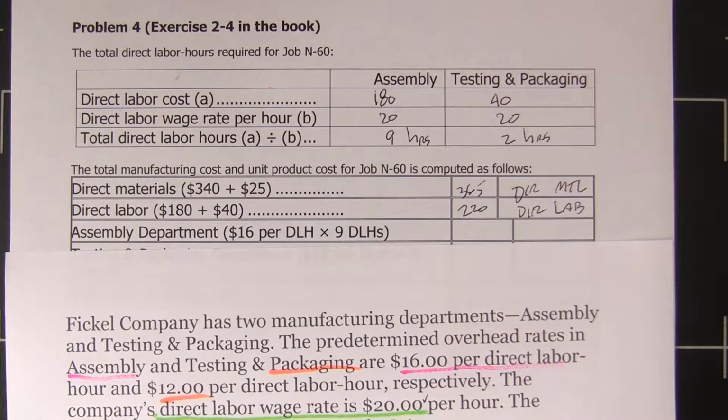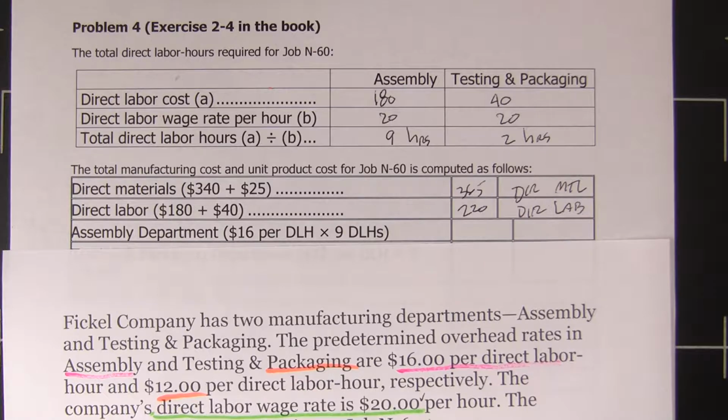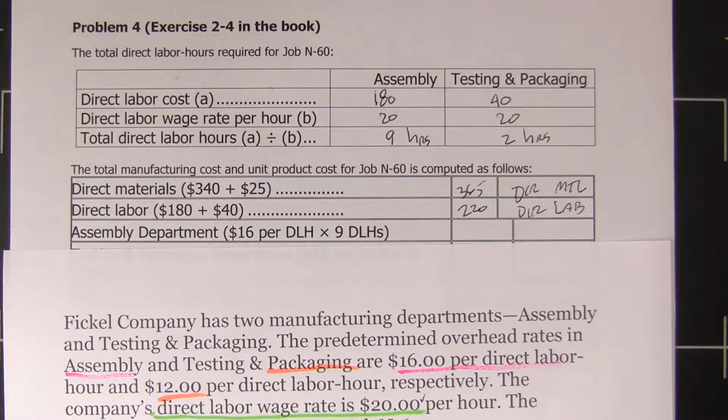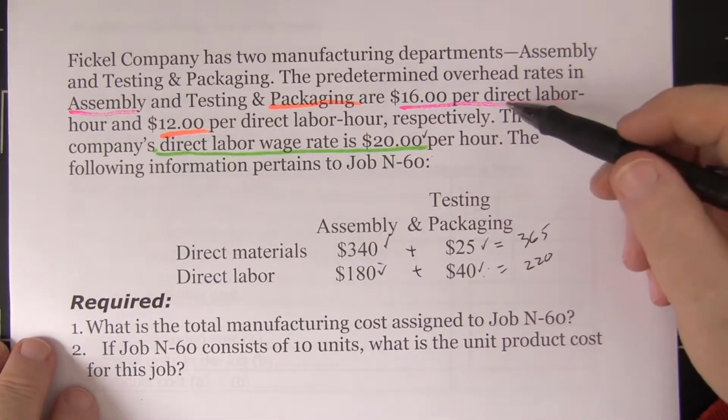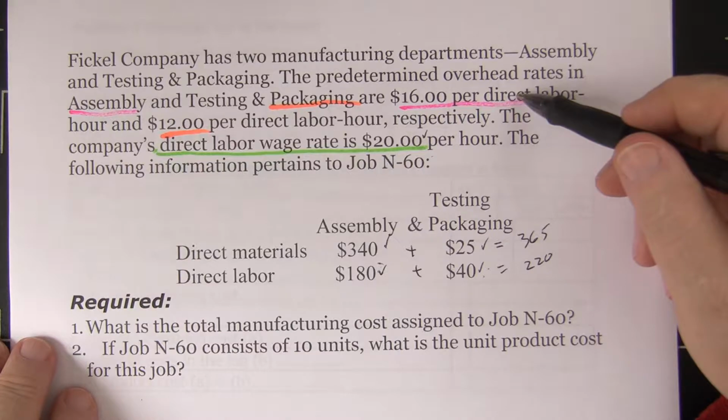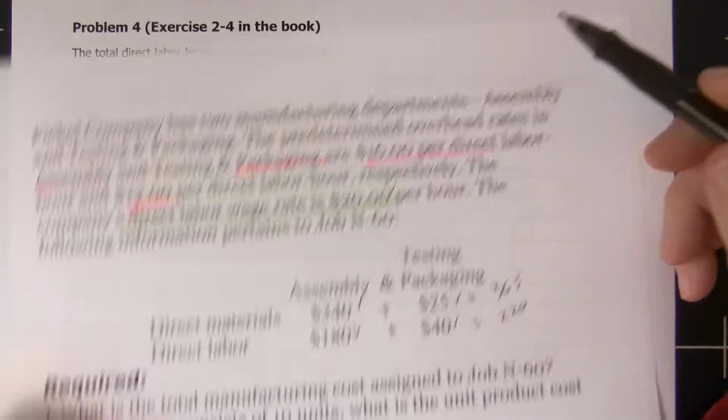Now, the assembly department, here's why we needed the individual hours. We had to figure out how much overhead. They tell us that for assembly, they apply $16 per direct labor hour.